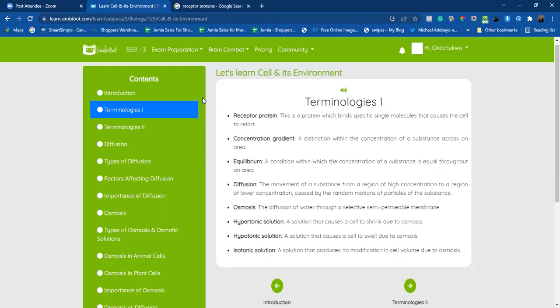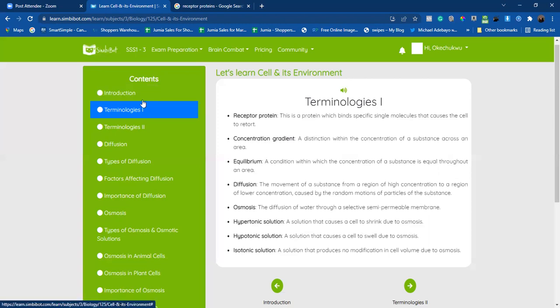We talked about the nucleus, the vacuole, the mitochondria, the ribosomes, the Golgi apparatuses, and all of that. Different structures inside the cells. And we also talked about the functions of some of these structures in our previous class. And I believe I shared the slide for it. So today we'll be looking at cell and its environment.